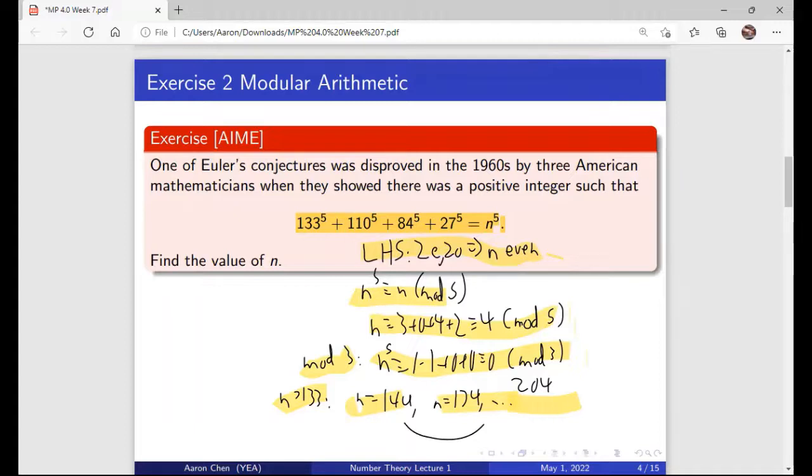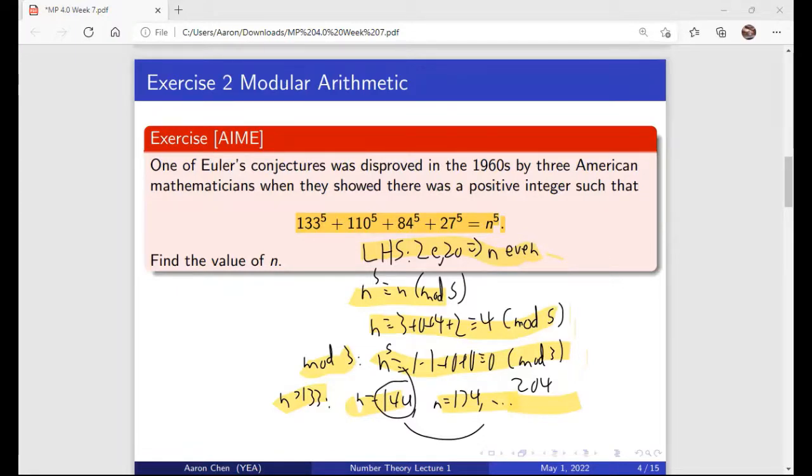At this point, you might be able to tell that 174 is still too large, or you can start checking, and eventually you'll realize that the only possible answer is 144, and that's the answer. This is just done by eliminating, because the other possibilities are way too large.